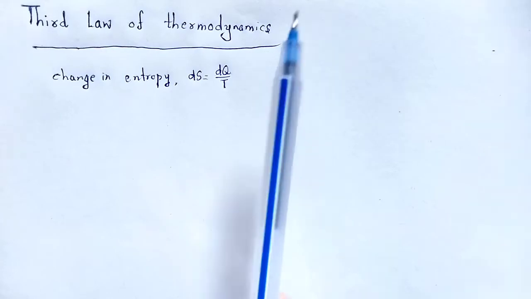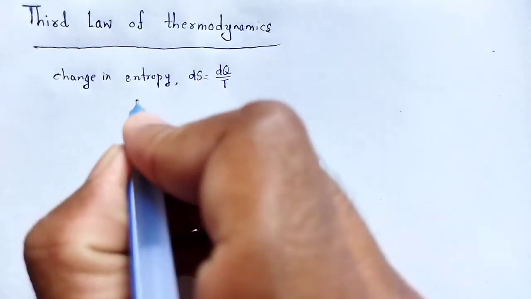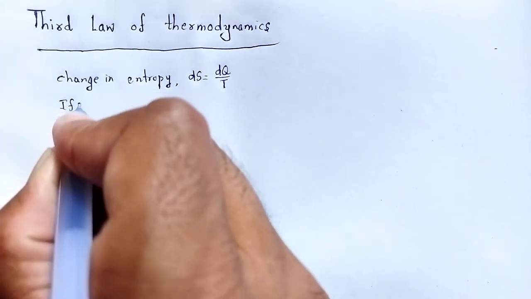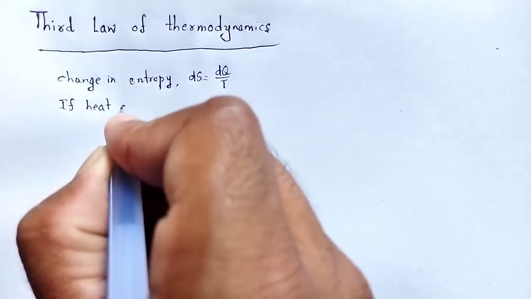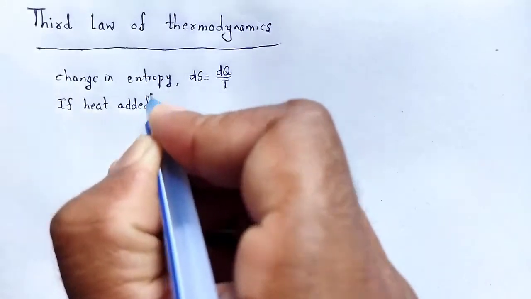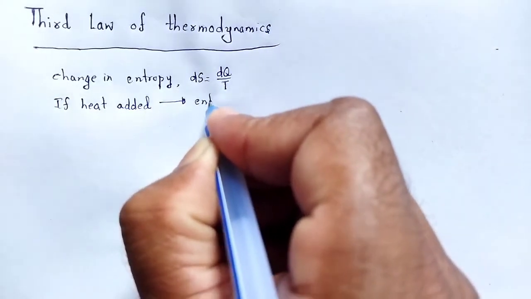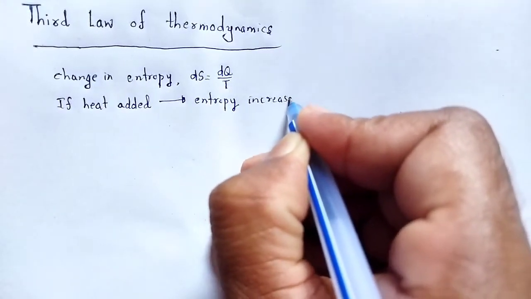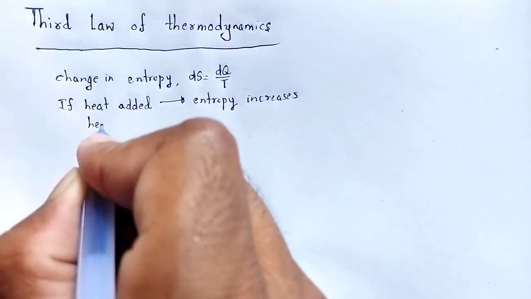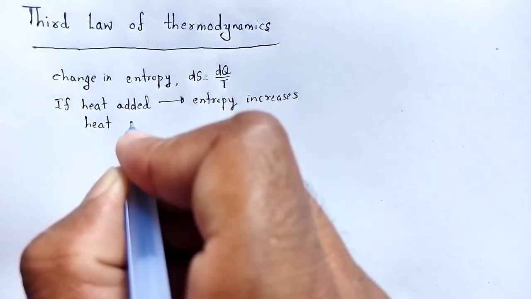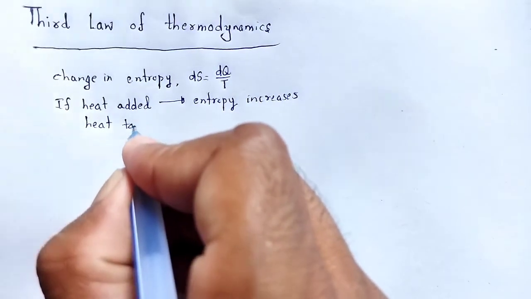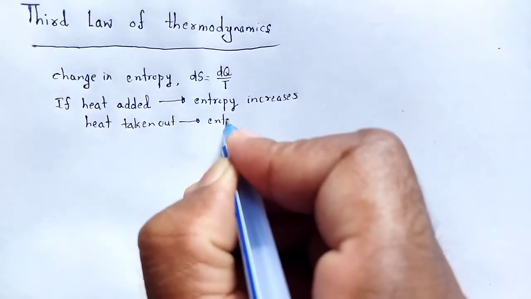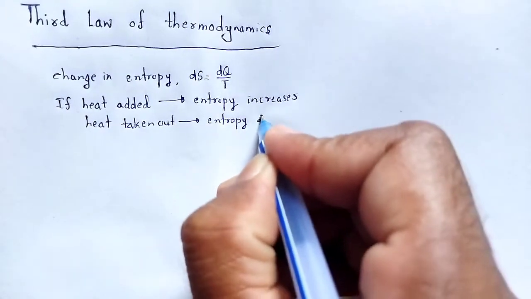From this expression, if heat is added, then entropy increases, and if heat is taken out, then entropy decreases.